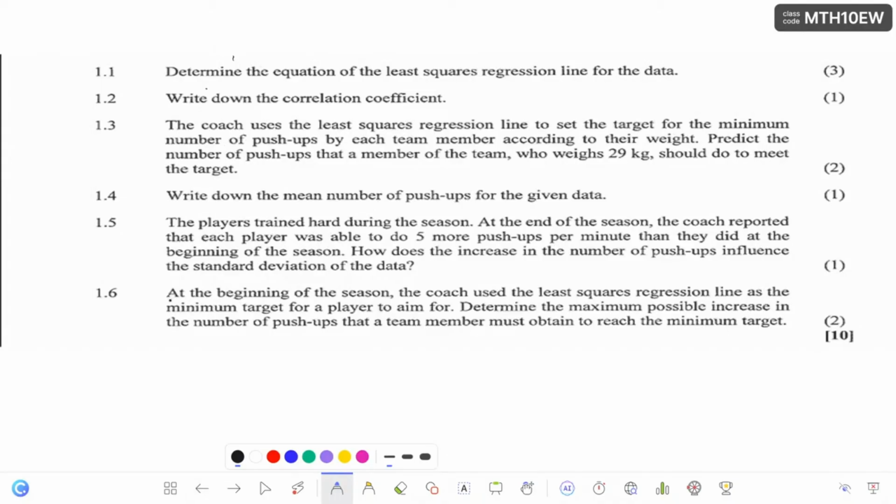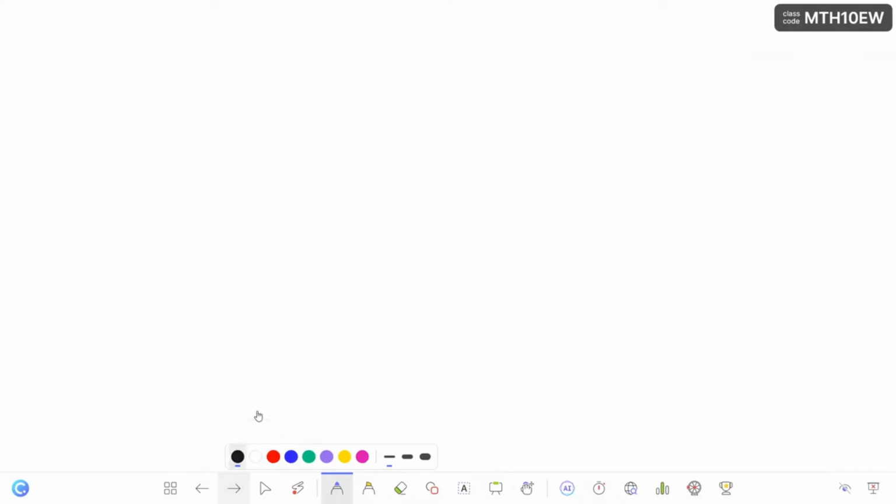1.4. In 1.4, they said write down the mean number of push-ups for the given data. So a mean, we can find our mean by, okay, here they said write down, but you can also know the formula to calculate the mean, which is what?